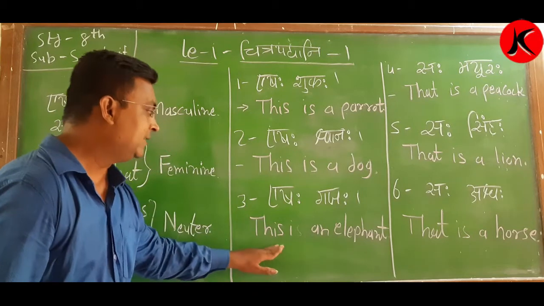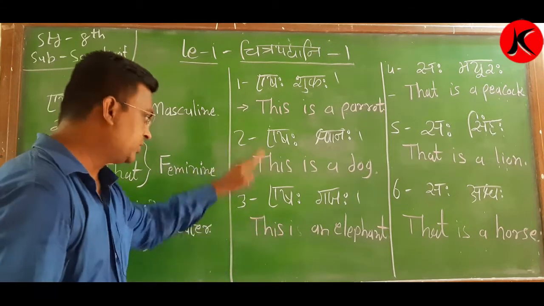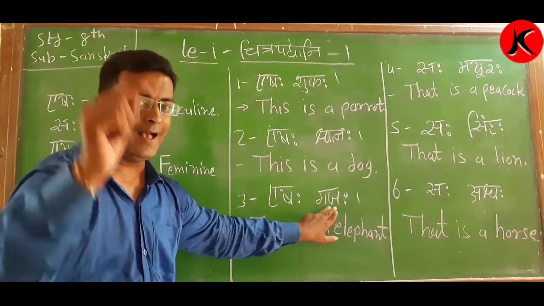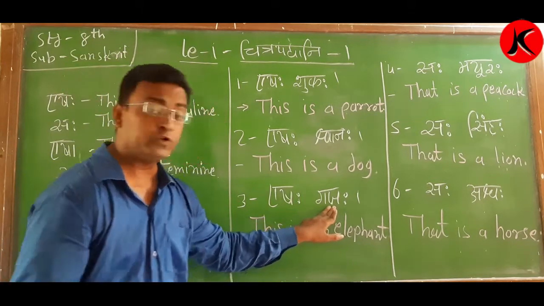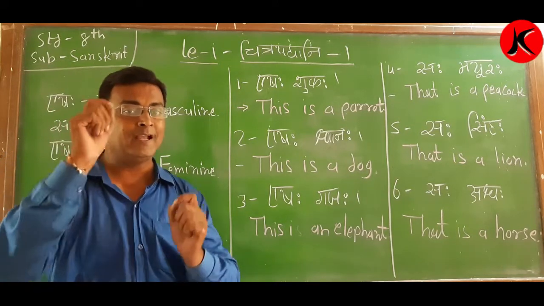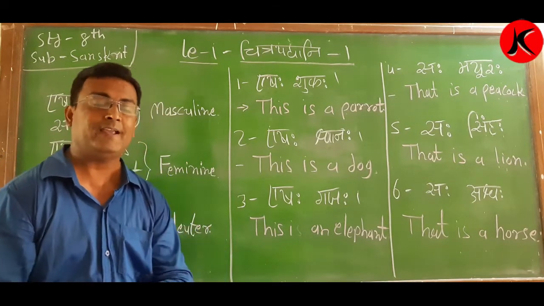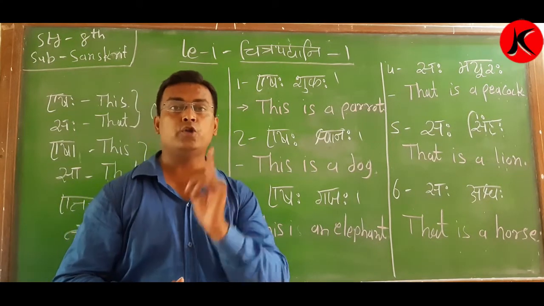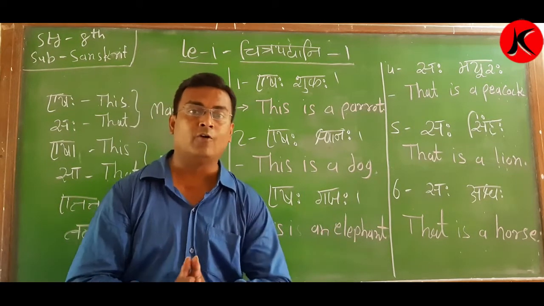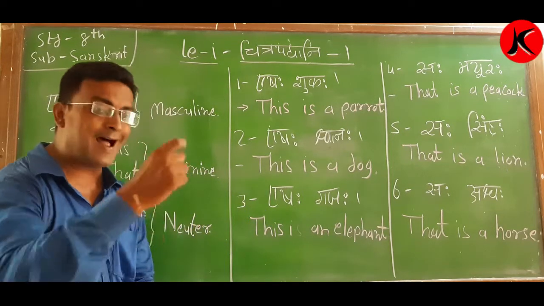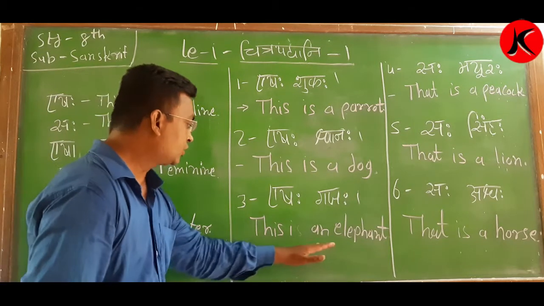The third one is Esha Gajah. You know that Esha means this and Gajah means elephant. Now students, the elephant spelling is starting with E, and we know that in English A, E, I, O, U are vowels, and when vowels are there, the article an comes.